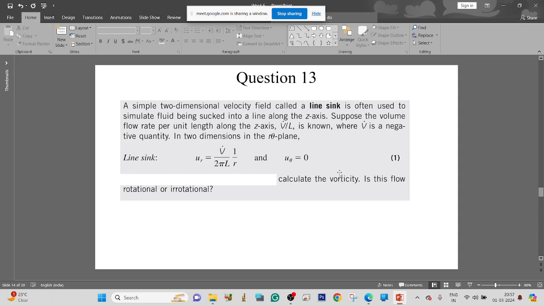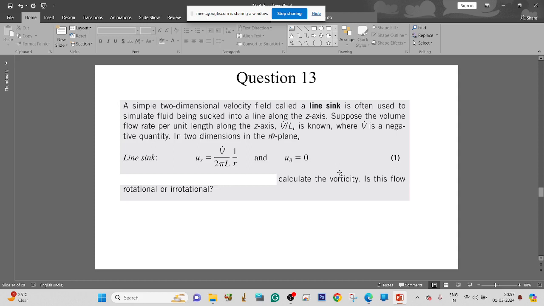Here, you said we are taking it as 0. Tell me what vorticity is coming as. Vorticity is coming as 0. No, no, I'm asking along the z direction, what is the velocity? Along the z direction is not required, no?